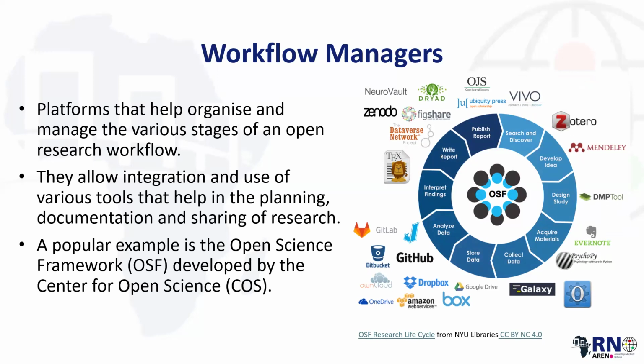If you want to develop an idea, you can use platforms like Zotero and Mendeley, because they help you know the research that has been done, access the papers, read through, and then come up with your hypothesis. We also talked about DMP Tool, which you can use to develop a data management plan. And then when you want to acquire material, there are various tools you can use at each stage, from search and discovery to publishing your report. That is what OSF can do.